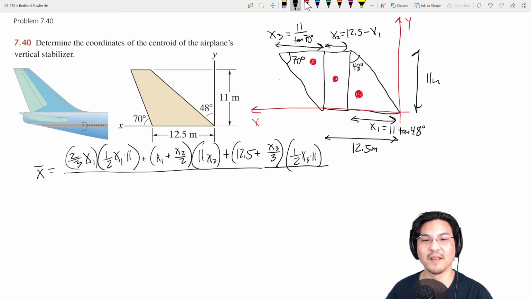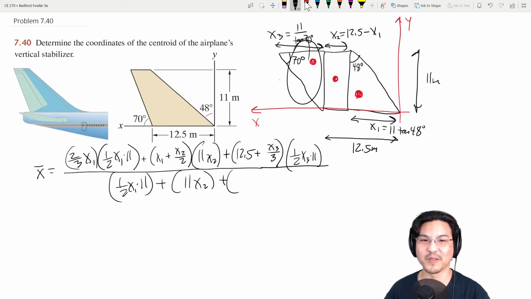Okay, and then now we just divide by the total area, which is this and this and this. So, right, that's the area of this triangle, the area of the rectangle, and the area of this triangle.